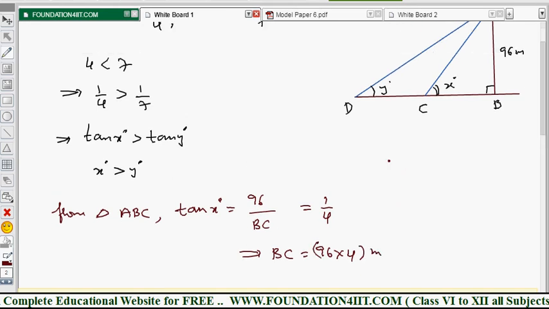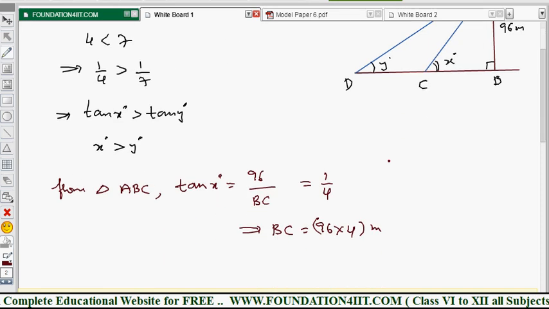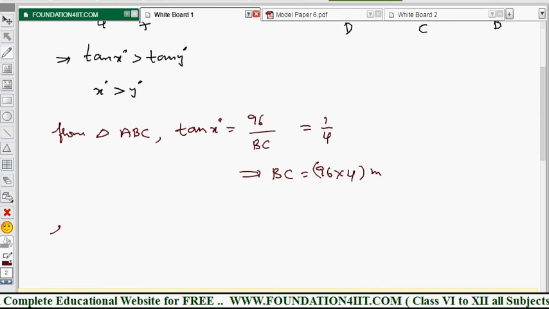Now next you can take another triangle, ABD. From triangle ABD, tan y, same, opposite is AB, adjacent is BD.